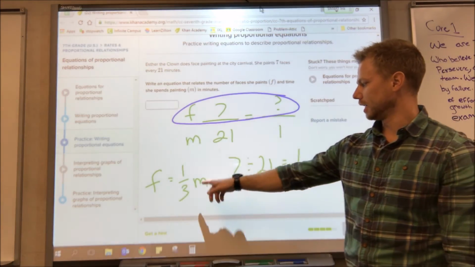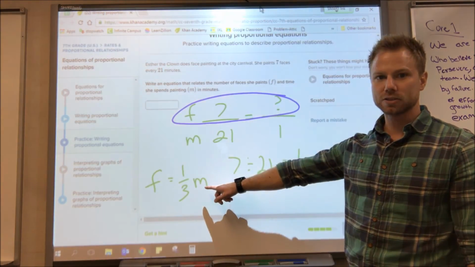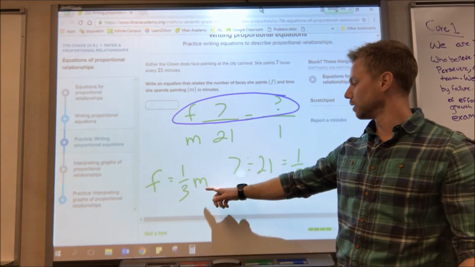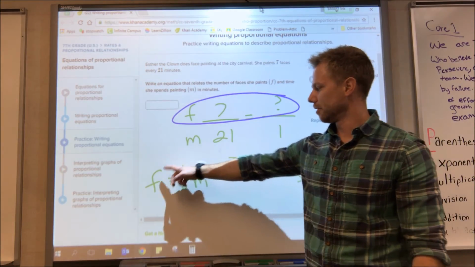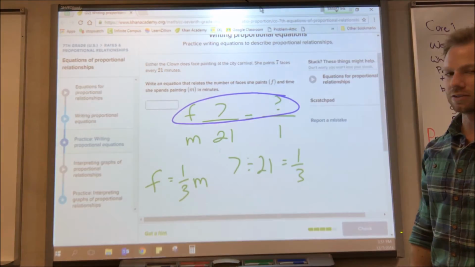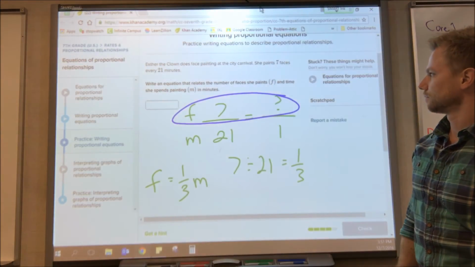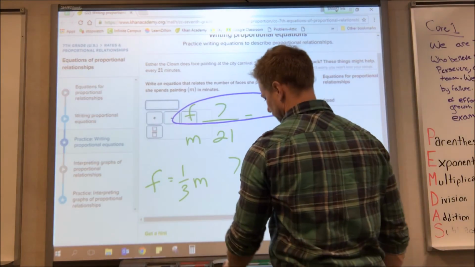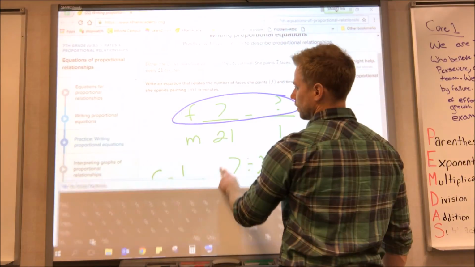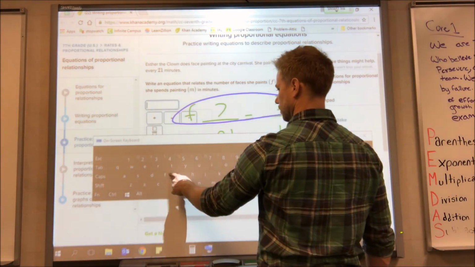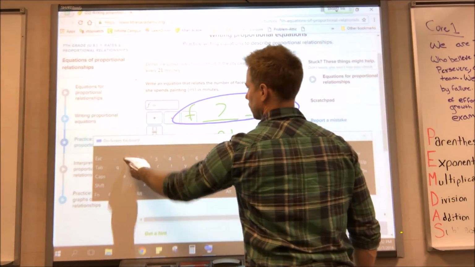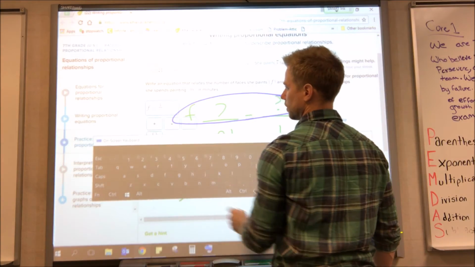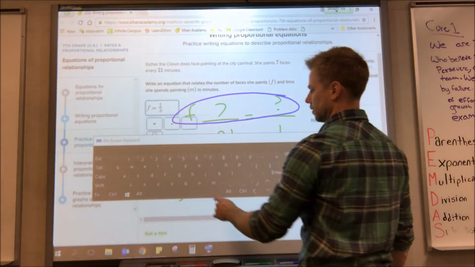Which means we can plug in any amount of minutes. Could be 2 minutes, could be 10 minutes, could be 1,000 minutes. Multiply by 1/3, that will tell us how many faces can be painted. So we plug that in. F equals 1/3 M.